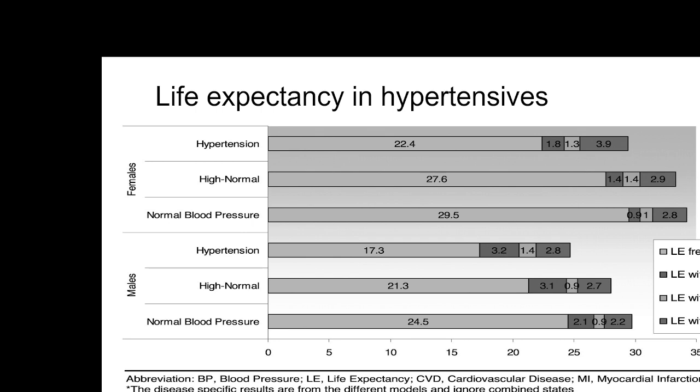A large population-based study was done, and based upon that, the observation is that the life expectancy in a patient who has a higher blood pressure above normal is lower than in persons who have a normal blood pressure. Even normal blood pressure also has a risk. A patient with a normal blood pressure would also have a risk of either cardiac disorders, myocardial infarction, stroke, or maybe even other complications.